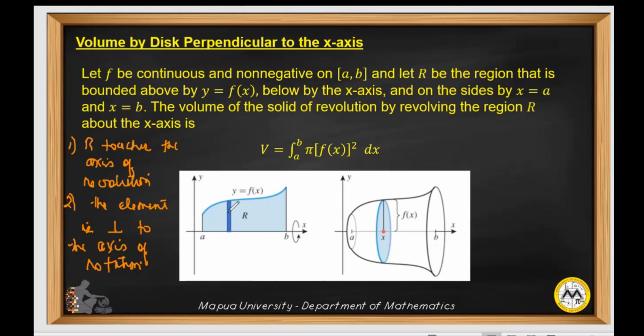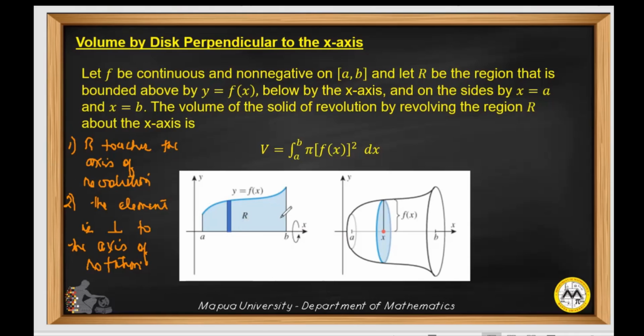Since we will use the disk method, the first condition is satisfied. The region R touches the axis of rotation, the x-axis, and the element is perpendicular to the x-axis.